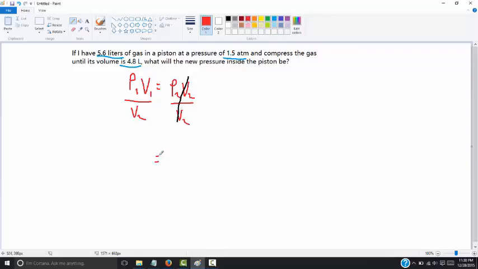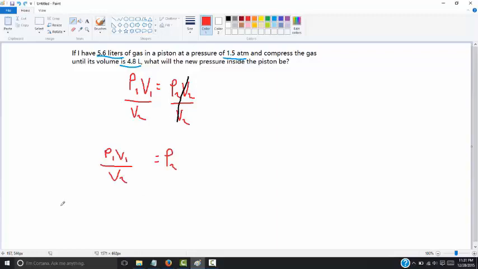What you're left with is P2, what we're trying to solve for, equals P1 V1 divided by volume 2. Now it's just a matter of plugging in all the values.